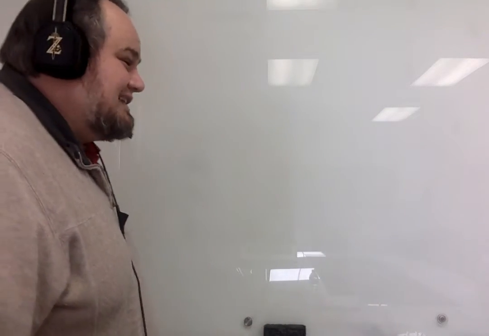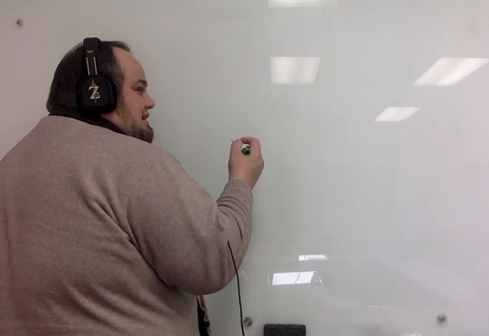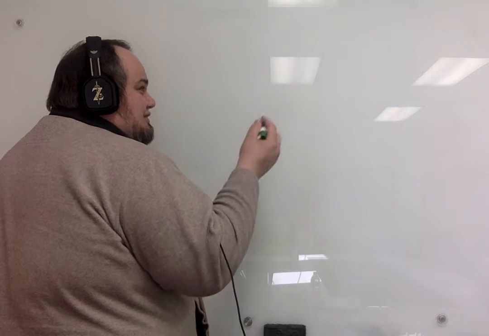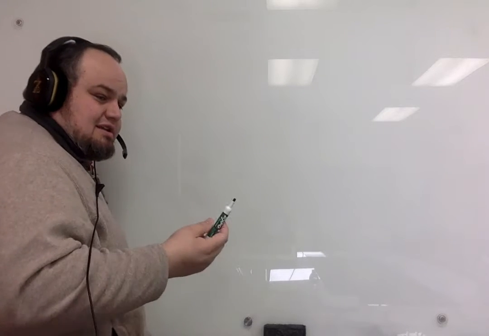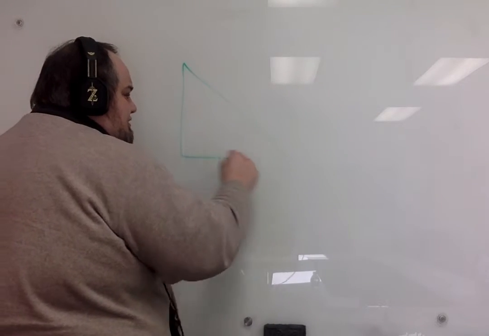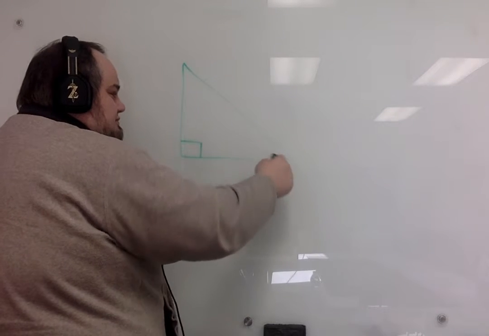So anyway, the Pythagorean Rule refers to the sides of a right triangle and being able to find the length of a side when you know two of the other sides. Today we're going to be focusing on the hypotenuse. So let's talk about a right triangle and review the parts real quick. In a right triangle, you have a right angle and then two acute angles.